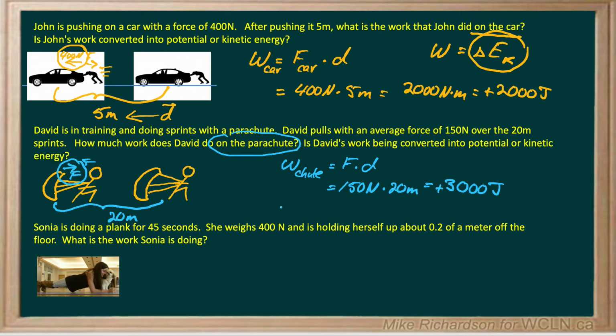And again, what was the point of that? David has given the parachute some speed. So we can assume that the work done on the parachute goes into changing that parachute's kinetic energy.